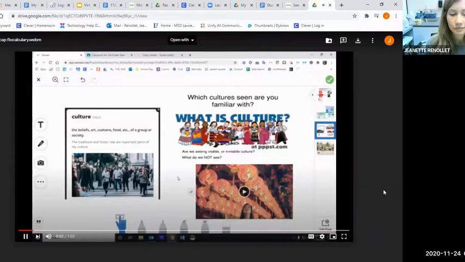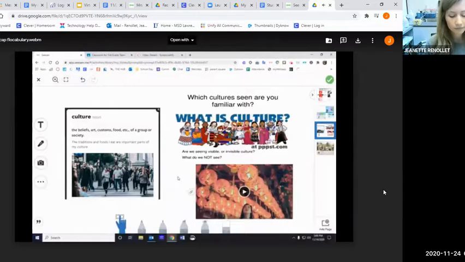Today you'll be looking at the culture of two different groups of people. Remember, culture is the beliefs, art, customs, food, etc. of a group or society. The traditions and foods I eat are important parts of my culture. That also includes the clothes that people wear.